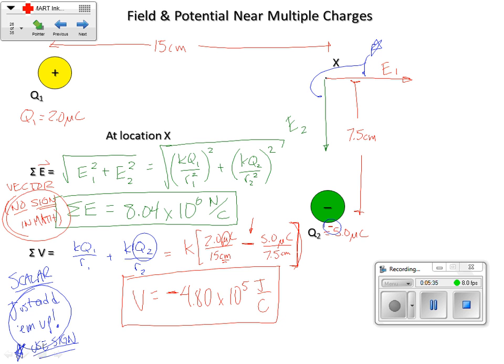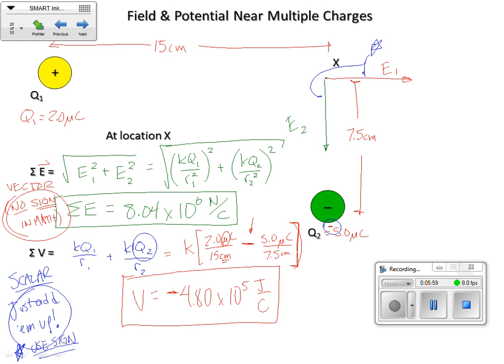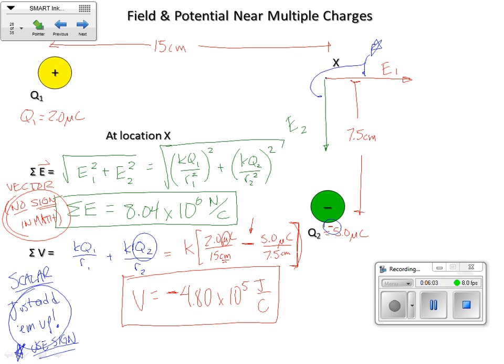We'll get some good practice on Monday right off the bat with finding net potentials from different charge distributions before we get into the next stuff, electric potential difference. Here we're talking about electric potential; next we talk about electric potential difference.